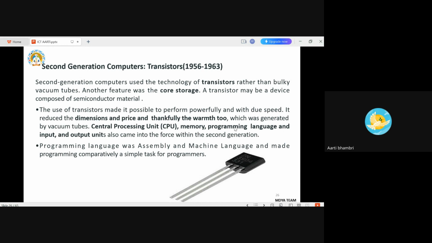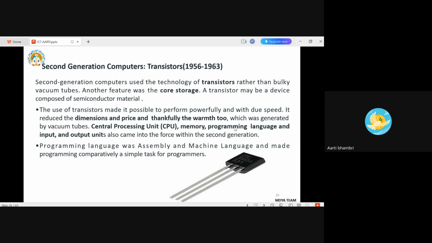There was machine language in the first generation computer. Now assembly language was introduced in the second generation. Programming language was assembly and machine language, which made programming comparatively a simple task for programmers. Assembly language is also tough for humans, but it is more compatible than machine language, because assembly language uses mnemonic words.